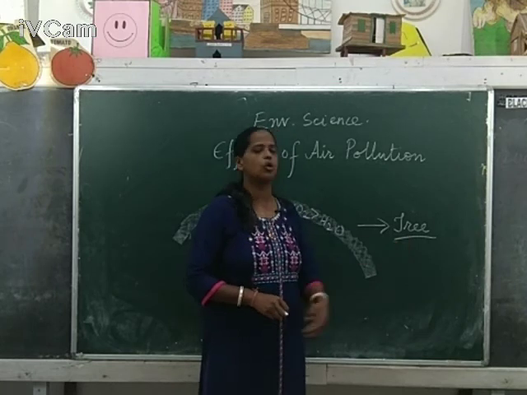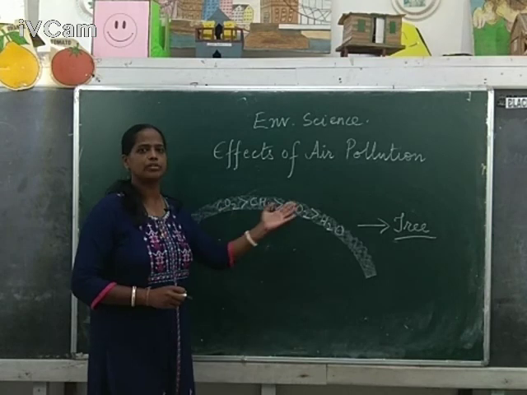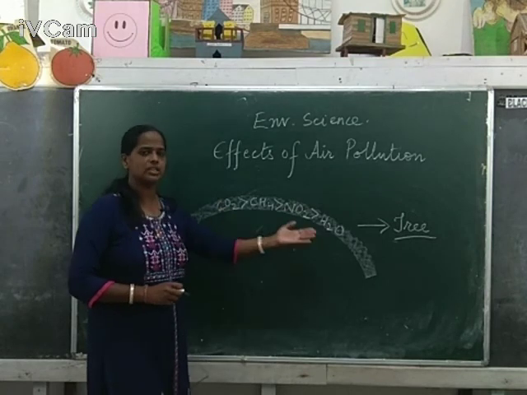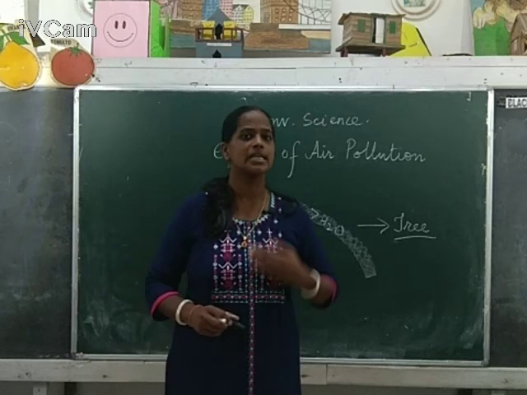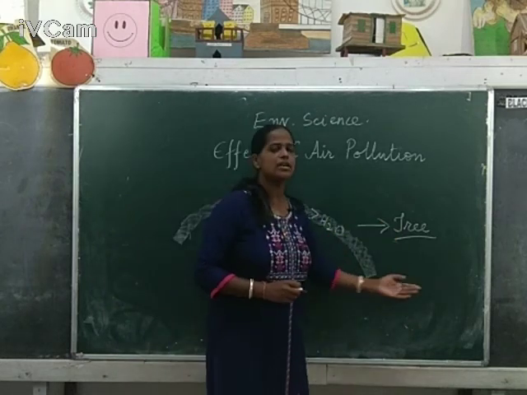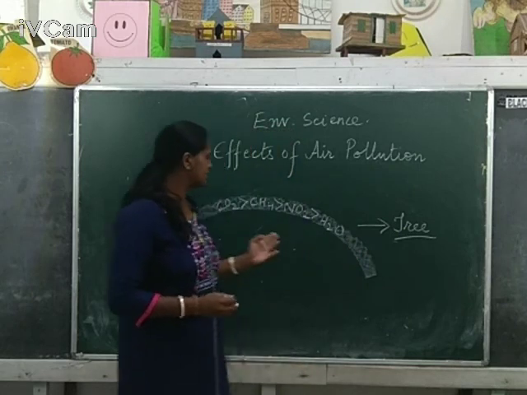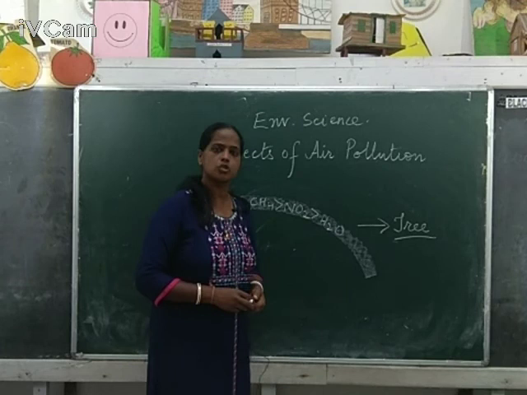And because we do not have the green cover, these gases have nowhere to go. The sources are increasing. Industries, factories, vehicles, burning of fossil fuels, these are on the rise. And this one, the number is falling. So these gases have formed a layer in the lower troposphere.